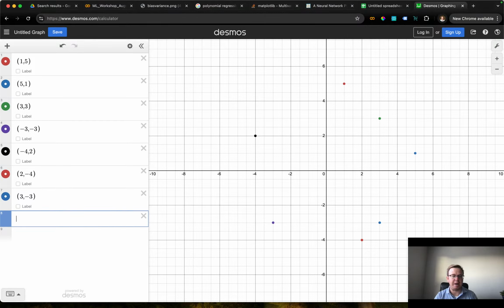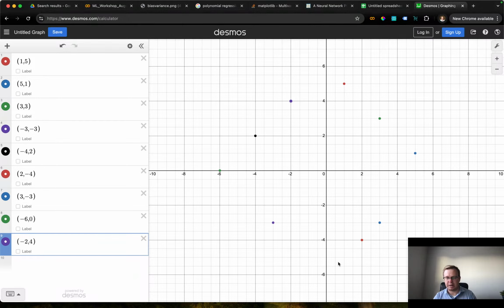Can you see the shape that is starting to be formed here? Can you see that all of these fall on the outside of this diamond? Right.